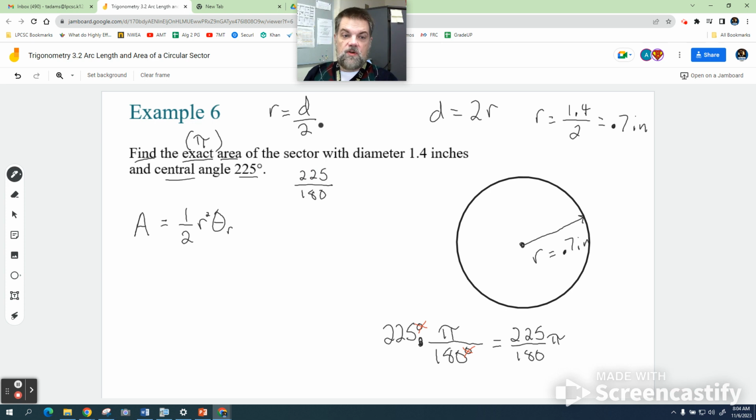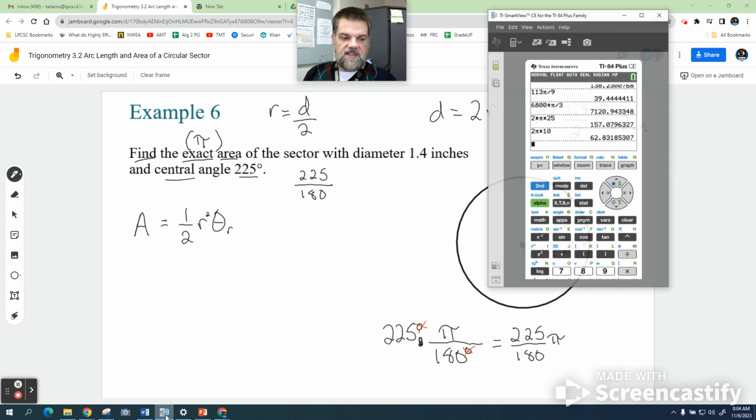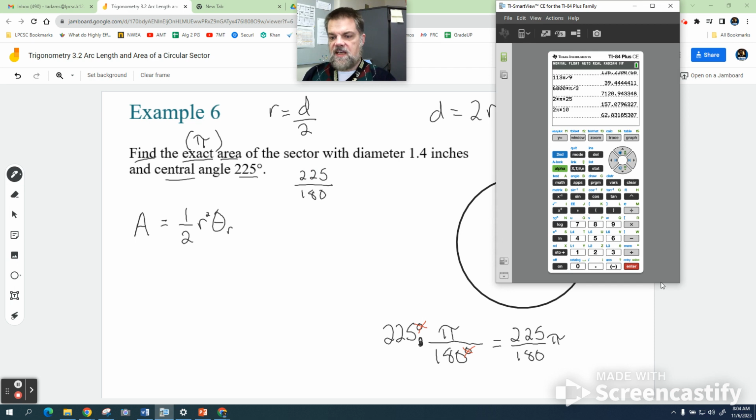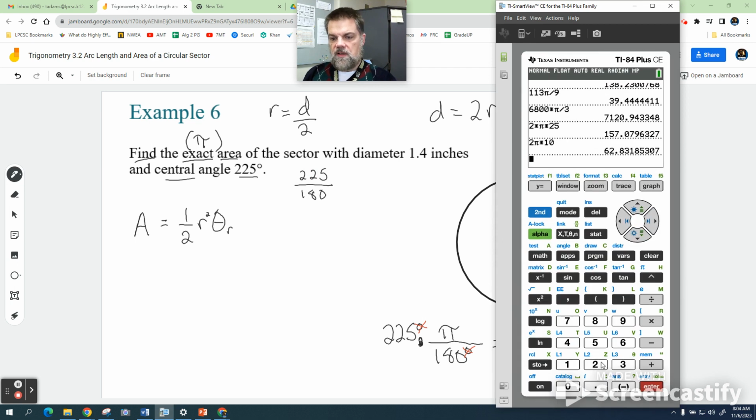Maybe 45 goes into both of them. Let's see. I think 45 goes into both. So 225 divided by 45, and then 180 divided by 45, yeah, it's 5 over 4. So this whole thing reduces down to 5 over 4.